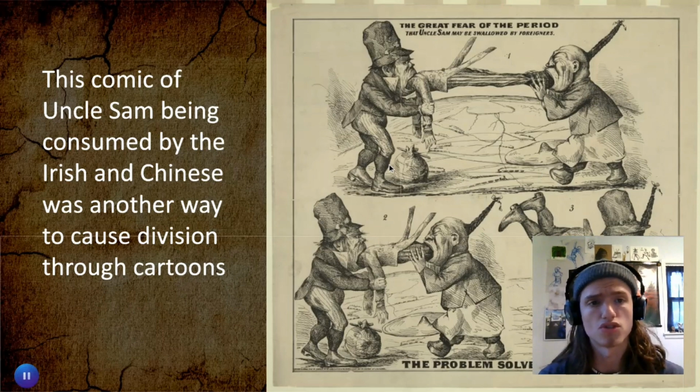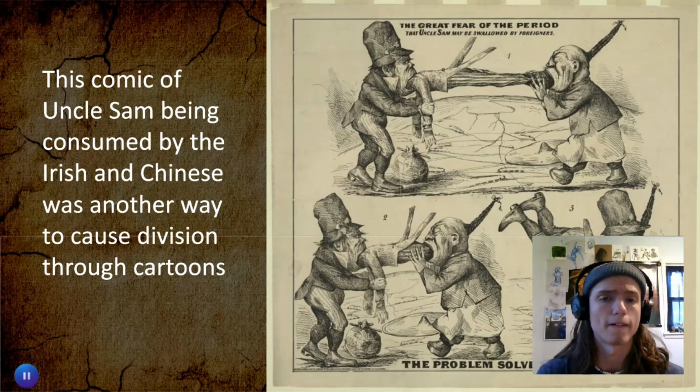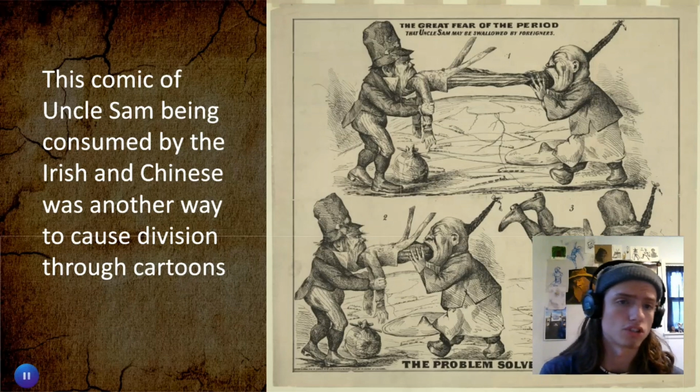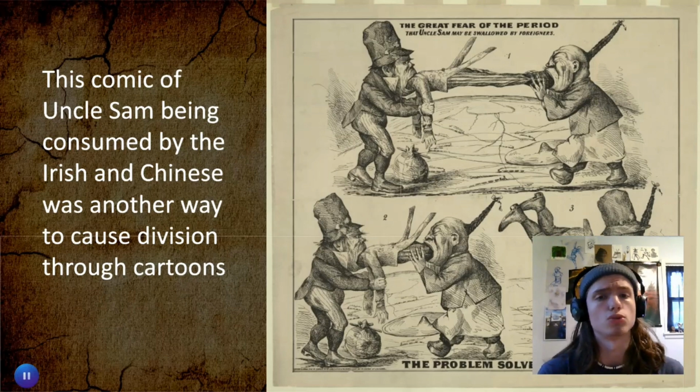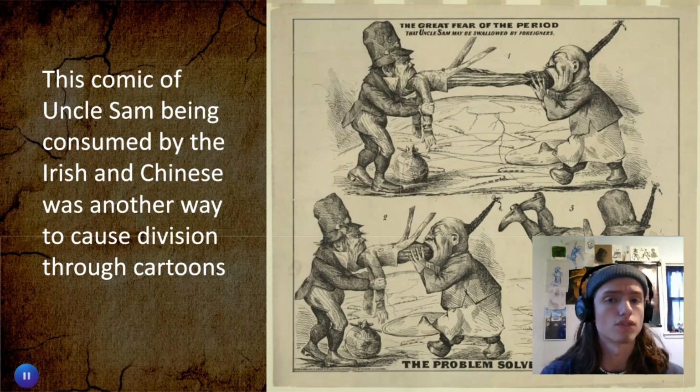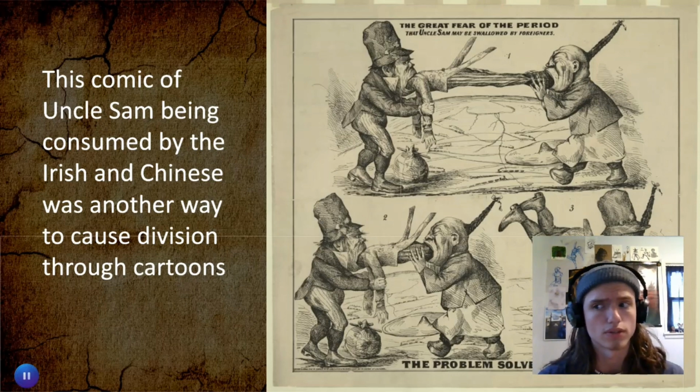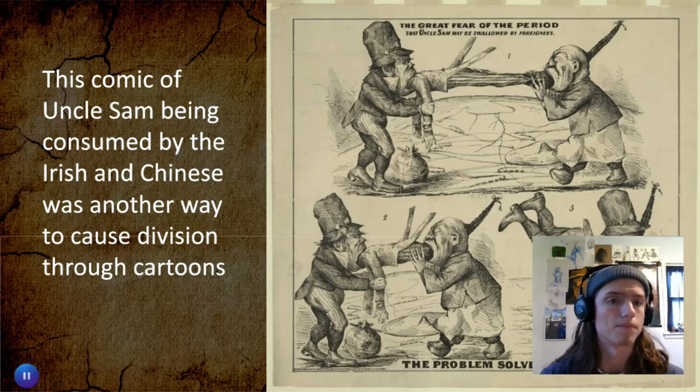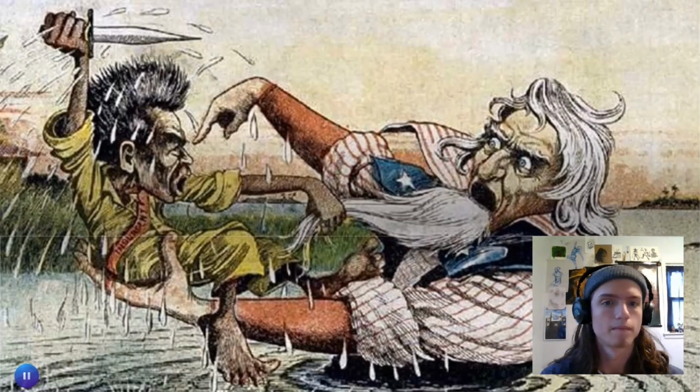A lot of propaganda was spread through political cartoons at this time to hate on immigrants, because they would come in and take the jobs away from people who thought that they rightfully deserved those jobs because they were there first, when in reality, they also came here and took it from Native Americans. So this is just the pendulum of politics.